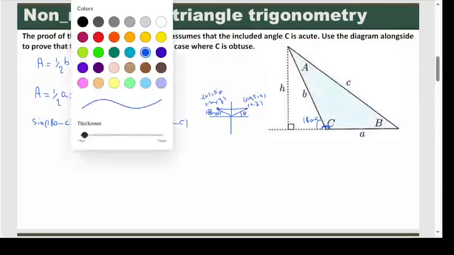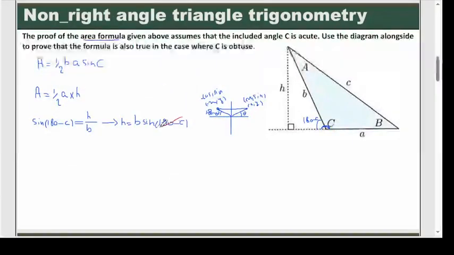So here my sine doesn't change, which is sine of C. I use the supplementary rule that says sine of 180 minus theta equals sine of theta.